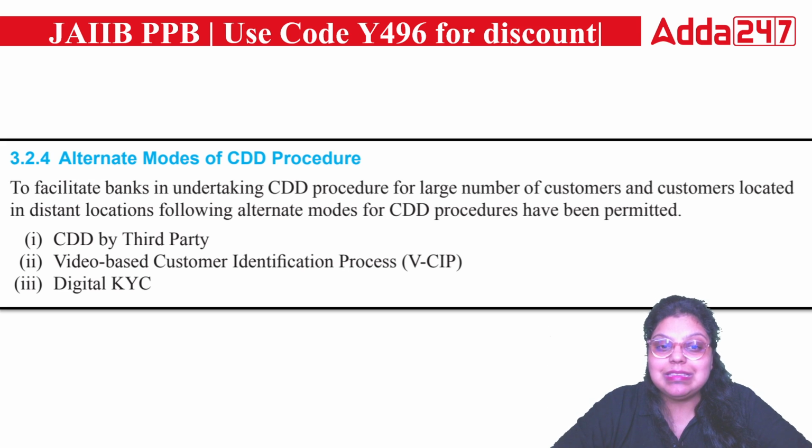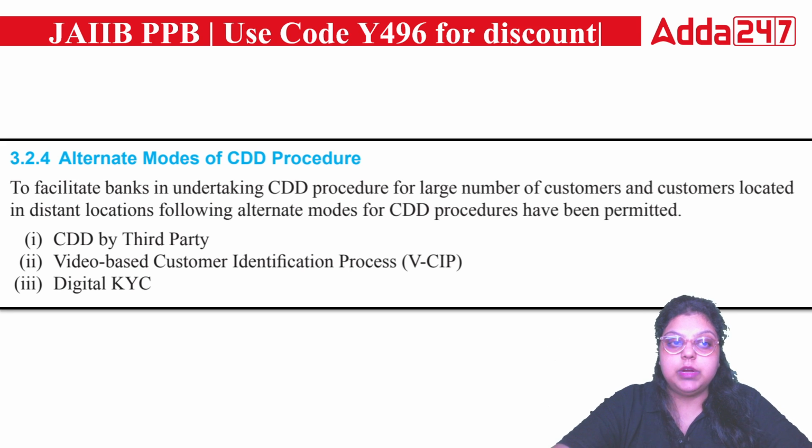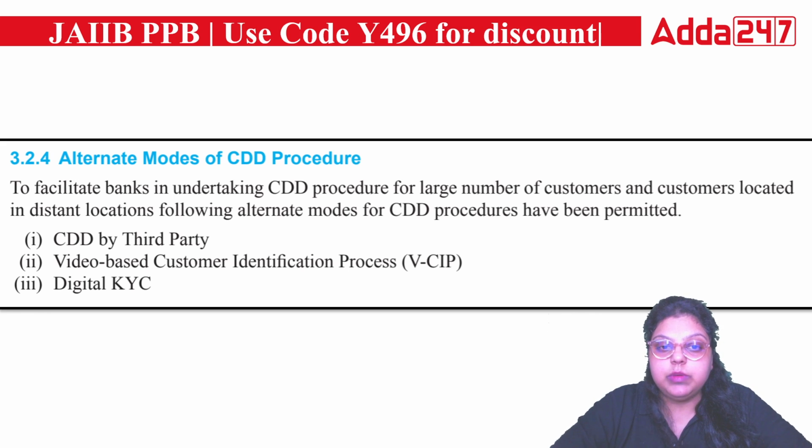Second is the video based customer identification process, in which you will be able to perform the video based customer identification. And the third will be your digital KYC. With the help of digital KYC, you will be capable of performing the customer due diligence of a customer. Okay, so these are the 3 alternative modes by which the customer due diligence can be done.